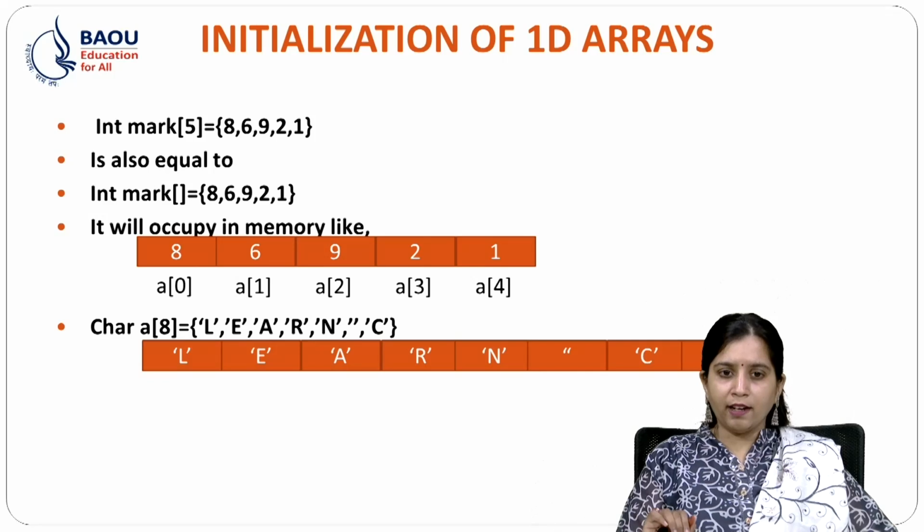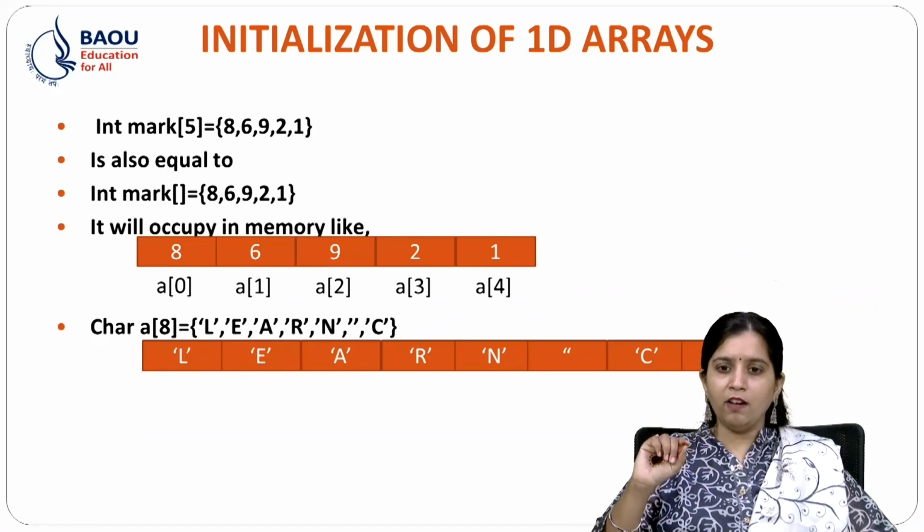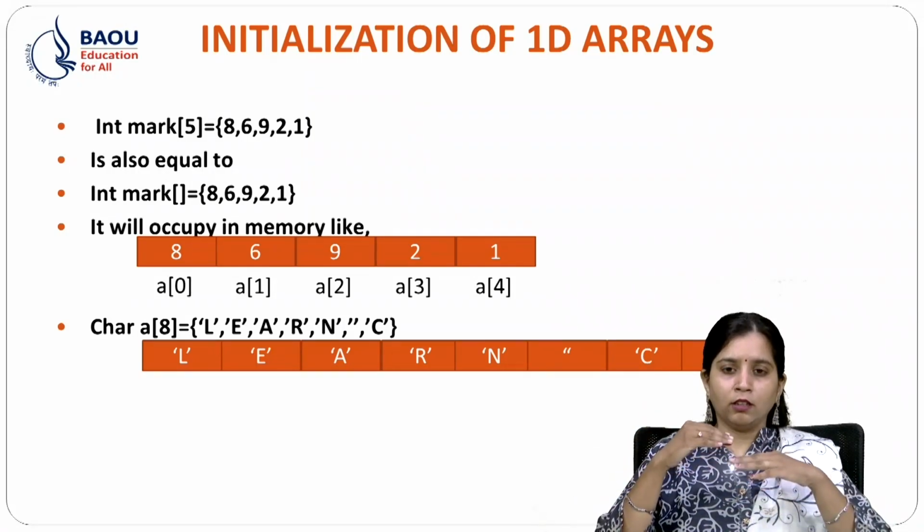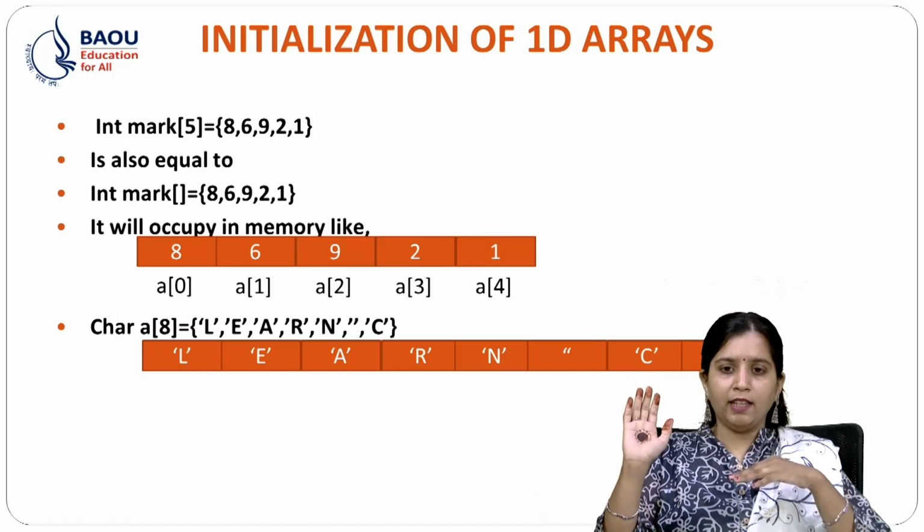In a character array, a null value will always be there at the end. So whenever we initialize our character array, we include 0 or null at the end. The compiler will automatically add null at the end.